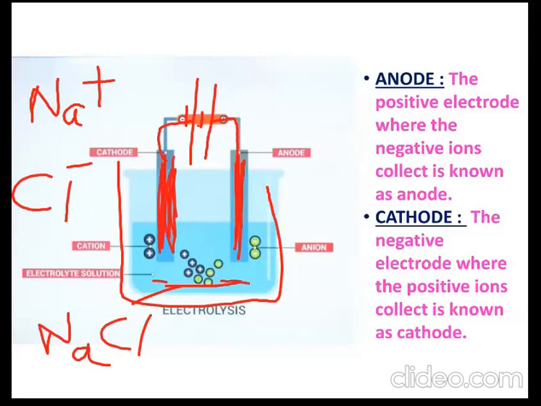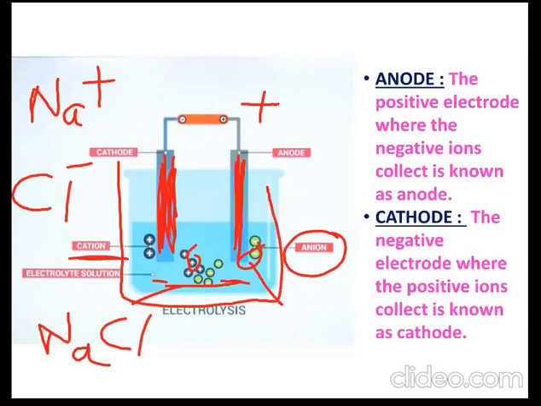So here you can see the positive ions, these are Na plus, and the negative ions, green color, are Cl minus. So decomposition happened. The positive ions are cations, and the negative ions, Cl minus, are anions.